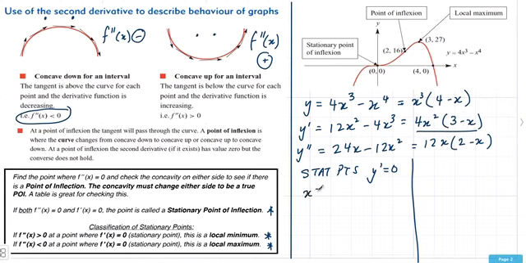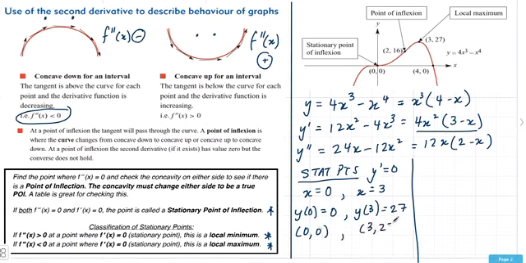So straight up, at x equals 0, your first derivative is 0, and at x equals 3, because that's going to make that 0. If you then put those values into your original function, you'll get 0, and at 3 you'll get 27. So that means you have stationary points at 2 places, at (0, 0) and at (3, 27).